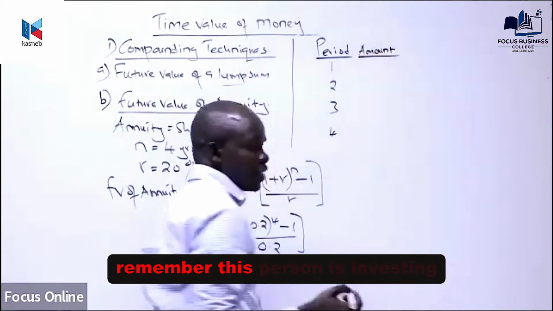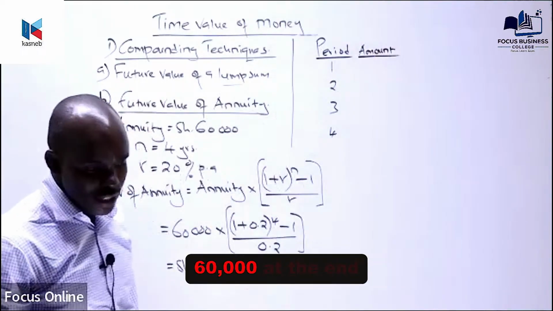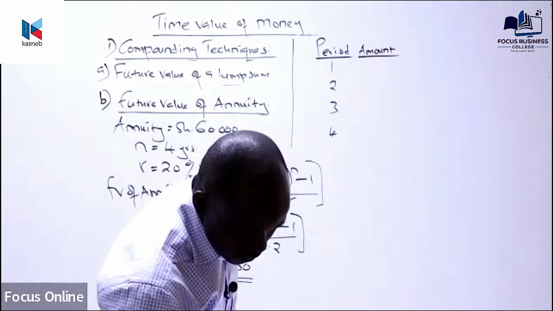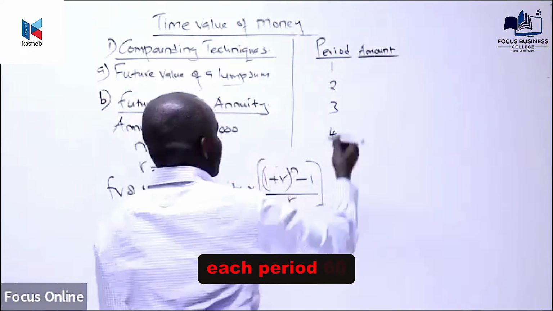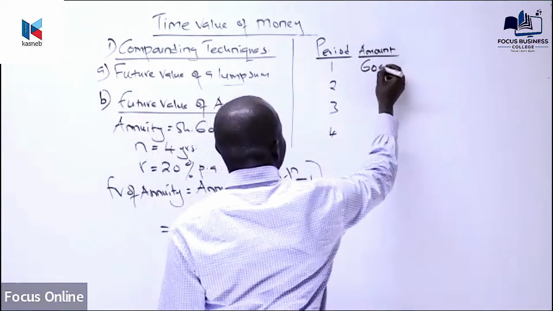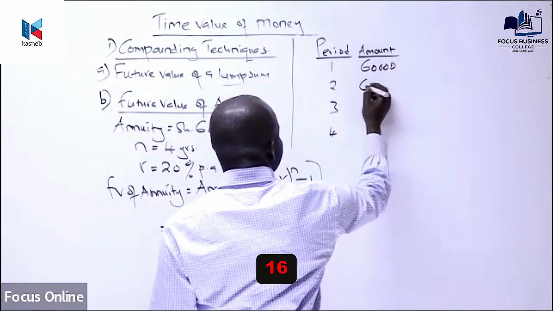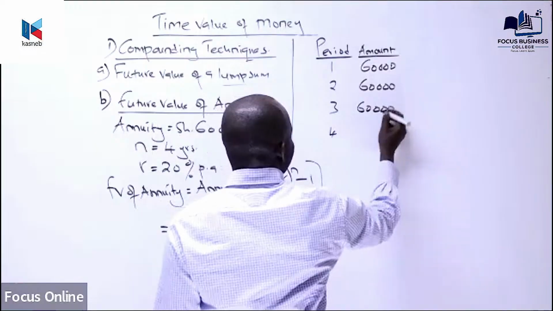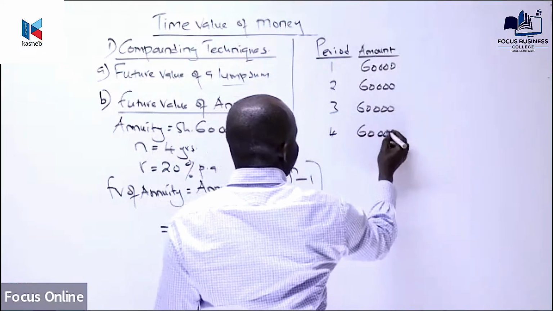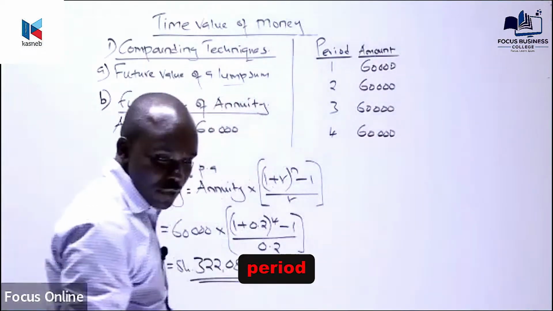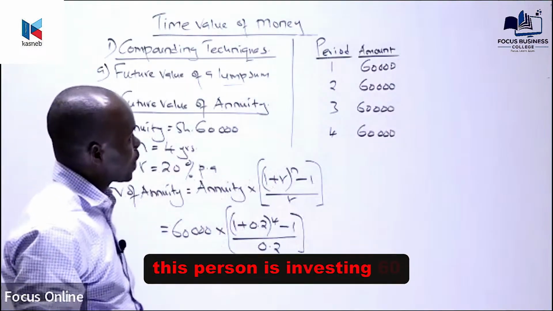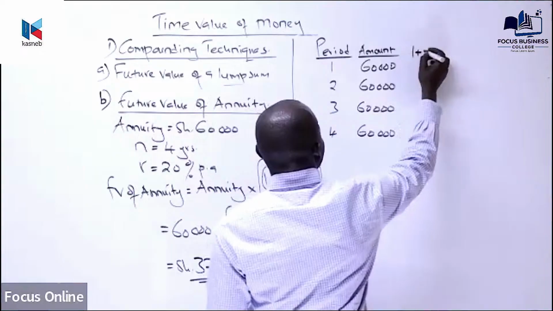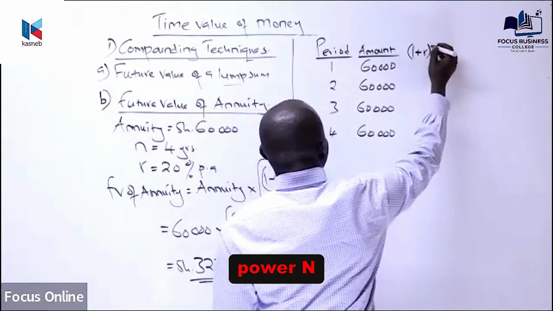Remember, this person is investing 60,000 at the end of each period: 60, 60, 60, 60. At the end of each period, this person is investing 60. So here you say 1 plus r power n.